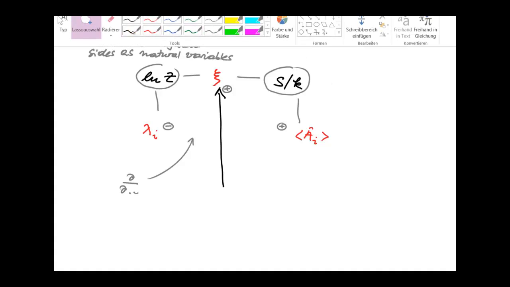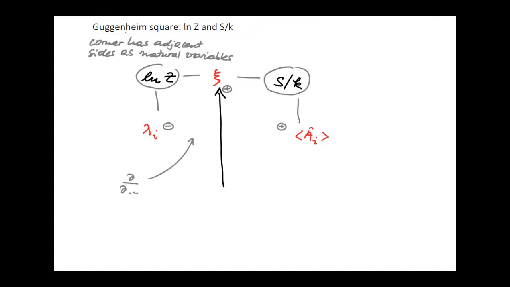Maybe for didactical purposes I should have drawn this later: when you take the partial derivative of log z with respect to lambda, then voila, you move along this arrow from the left to the right. And because lambda is at the tail of the arrow, the tail has a negative sign, you obtain minus the expectation value of ai.